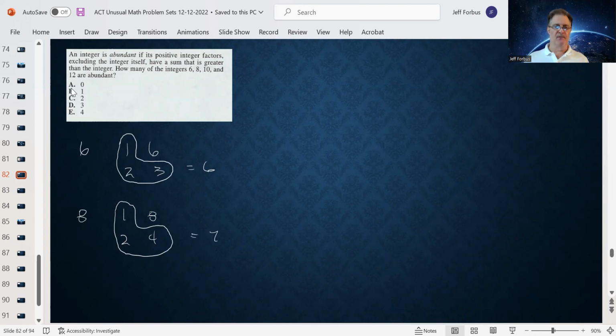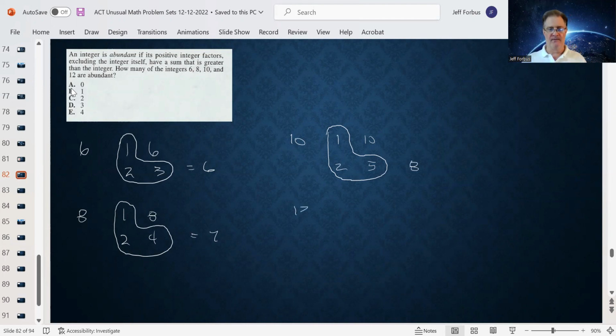Okay, let's go to 10. With 10, we have factors 1 and 10, and then 2 and 5. We can't use 10. We can use factors 1, 2, and 5. So 5 and 2 is 7 plus 1 is 8. Is 8 greater than 10? No, it's not. So we can't use 10.